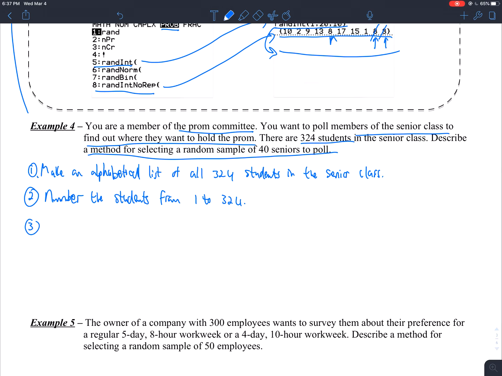And then the third step you would do is, on your calculator, generate 40 random numbers that represent 40 seniors. All right, so you do this.